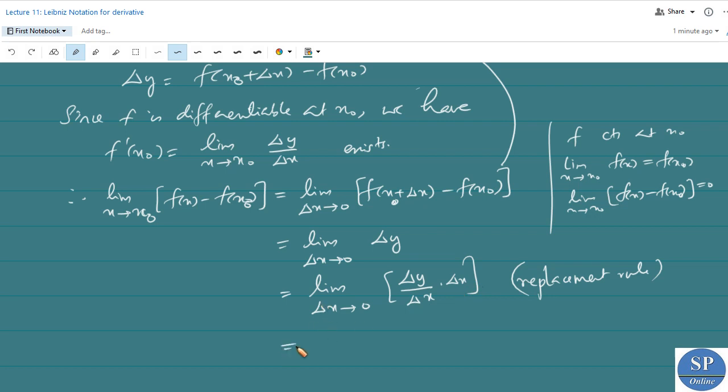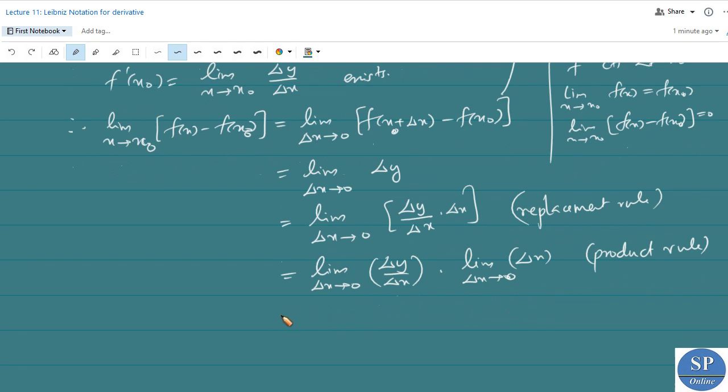This is by the replacement rule. So this is equal to the limit as delta x tends to 0 of delta y by delta x, into the limit as delta x tends to 0 of delta x. That is by the product rule for limits.